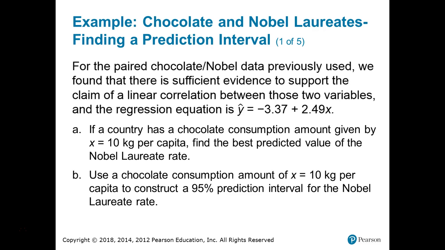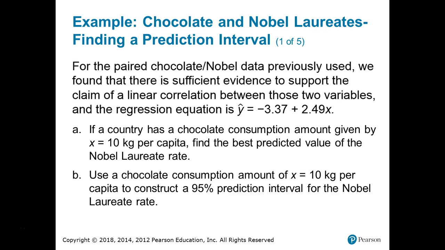So, without further ado, let's go back to our lovely example of chocolate and Nobel Prizes. Finding a prediction interval. For the paired chocolate and Nobel Prize data previously used, we found that there is sufficient evidence to support the claim of a linear correlation between the two variables, and the regression equation was given by y hat equals negative 3.37 plus 2.49x.